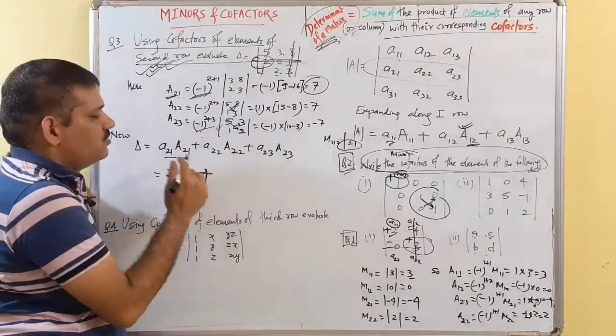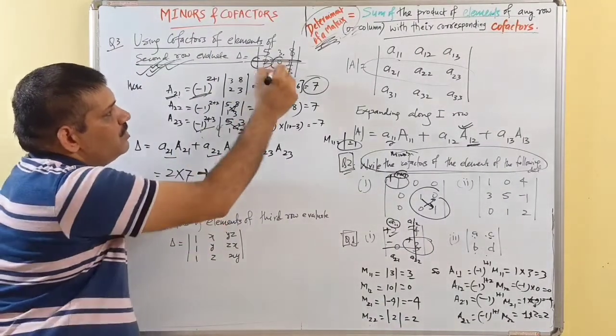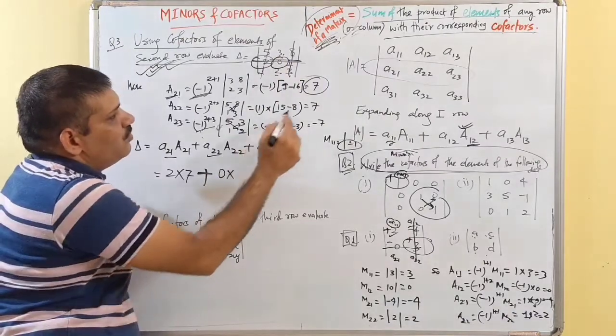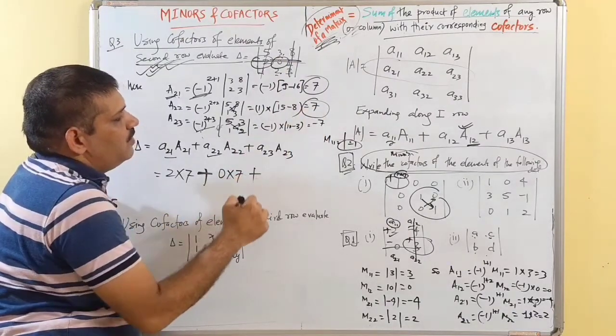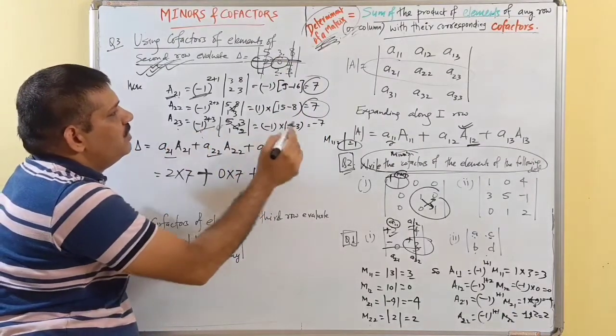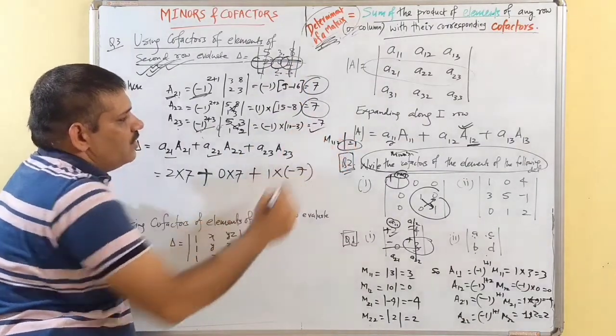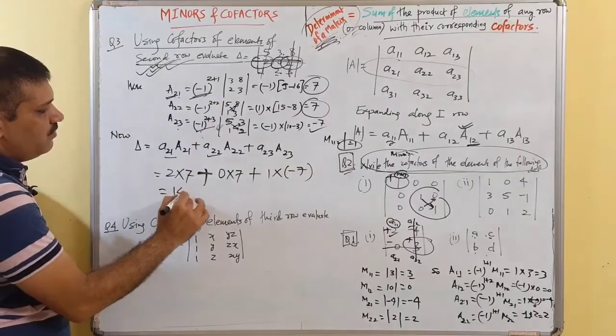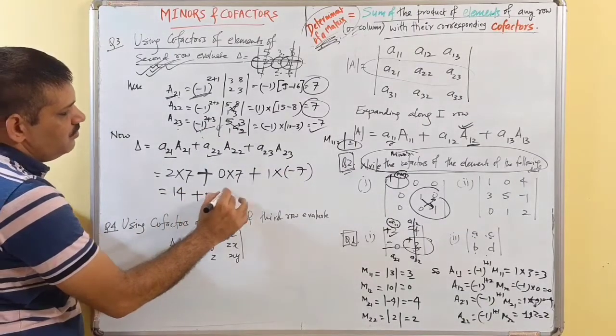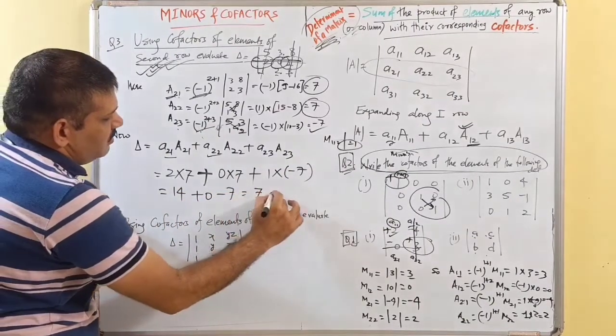Well, so this is a22 is 0 into the cofactor 7 plus a23, a23 is 1 into the cofactor minus 7. 7 2s are 14 plus 0 minus 7, that is 7.